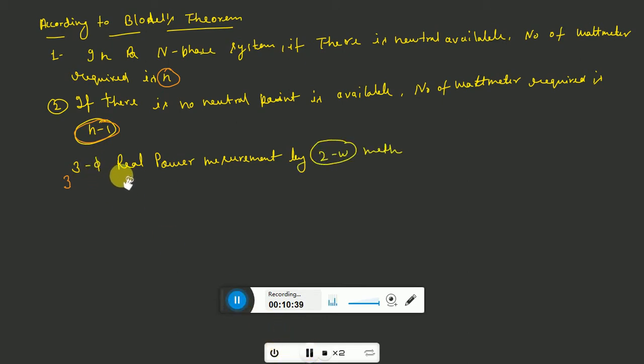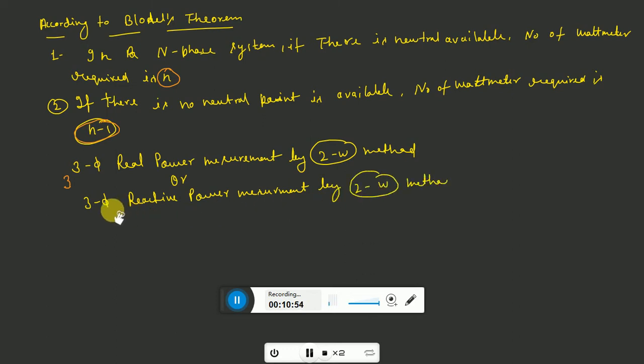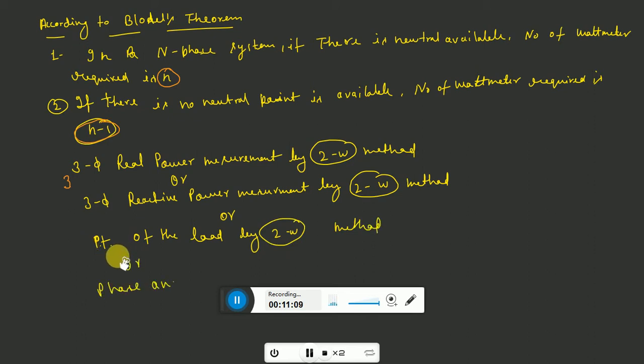With this method we calculate the 3-phase real power measurement and the 3-phase reactive power measurement, the power factor of the load, and last, the phase angle is also calculated by the 2 wattmeter method.